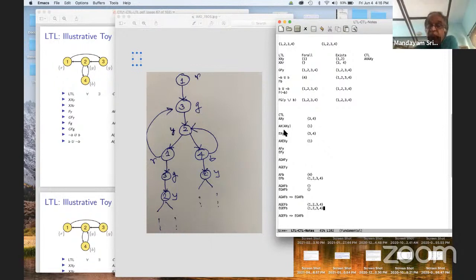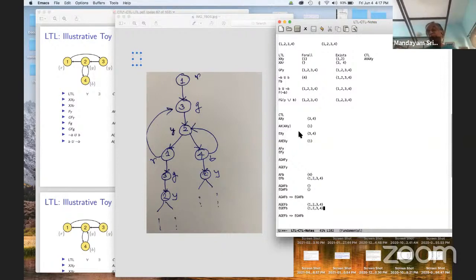Start with the atomic leaves, then collect the states for each subformula, and then use that to collect the states that satisfy the formula one level above, and so on. You may have to look at paths at each level, but you could structure it that way.